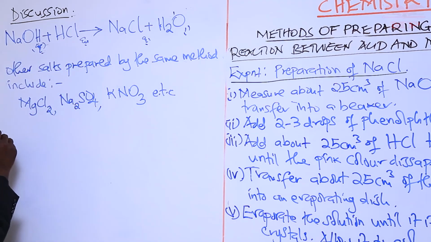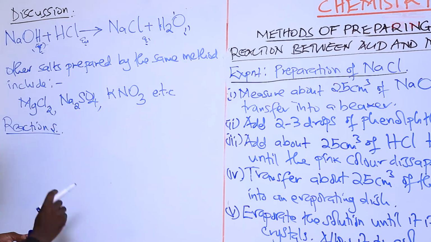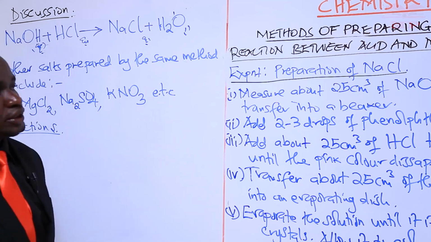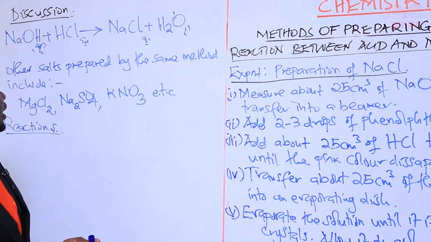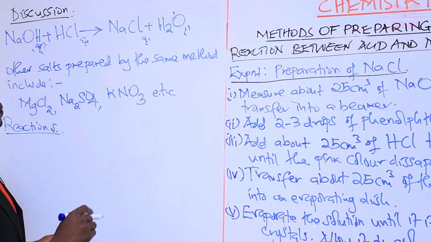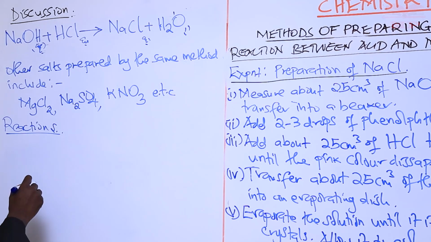So these are the reactions that will take place. Magnesium chloride is a product of reaction between magnesium hydroxide and hydrochloric acid. Remember what we are handling? Metal hydroxide and an acid. So this will be the reaction.